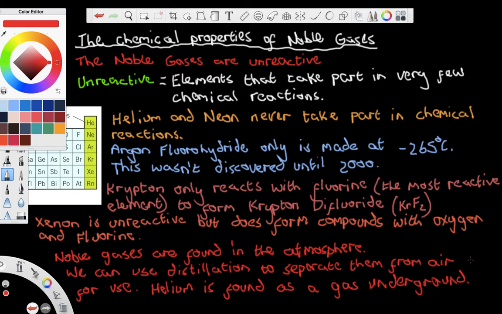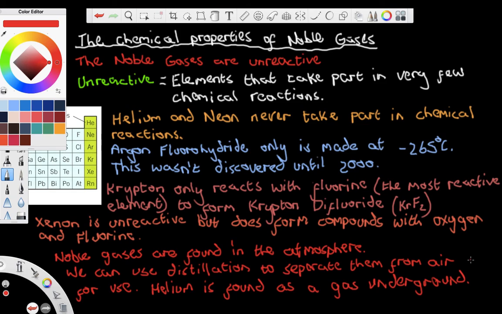So, the chemical properties of the noble gases, they are unreactive. Unreactive elements are elements that take part in very few chemical reactions. Helium and neon have never taken part in any chemical reaction that we're aware of. Argon fluorohydride is only made at minus 265 degrees Celsius and was only discovered in the year 2000. Krypton only reacts with fluorine, which is the most reactive element, to form krypton difluoride.